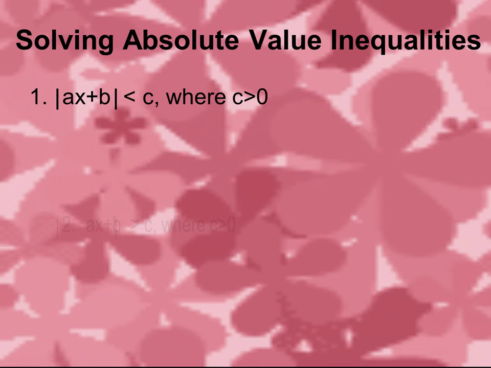Okay, we've got to know what to do with both of those. Now think about it this way. If the stuff inside the absolute value bars represents the distance from 0, right? Then if I want to know what are the values inside the absolute value bars that are less than that distance from 0, what's that going to look like on a number line?